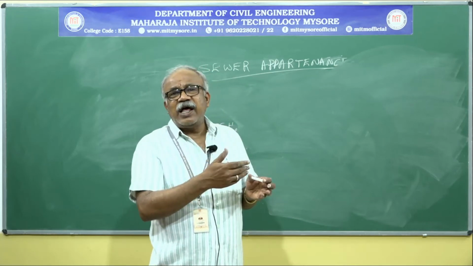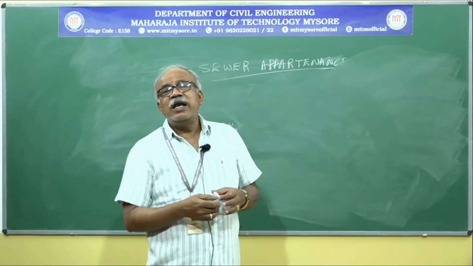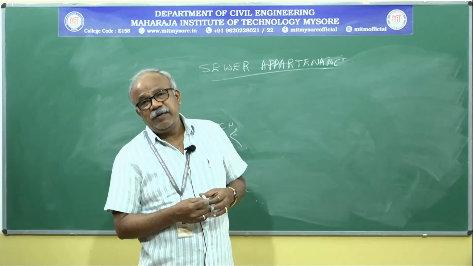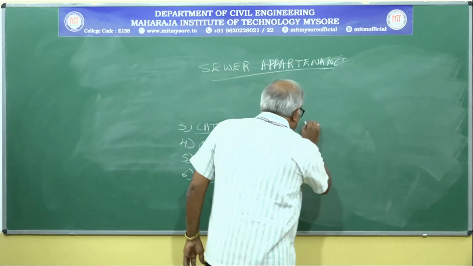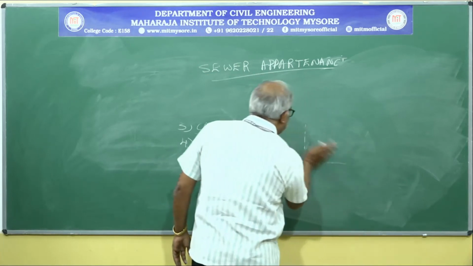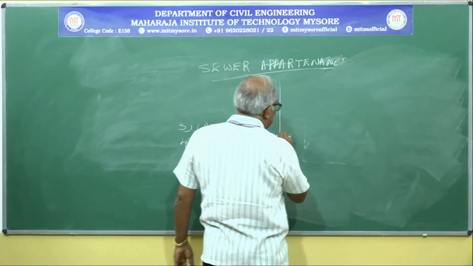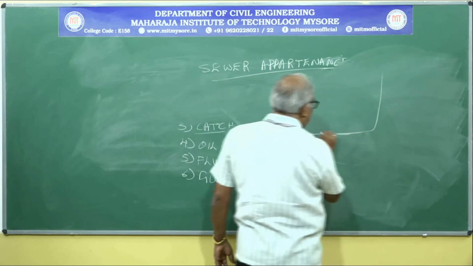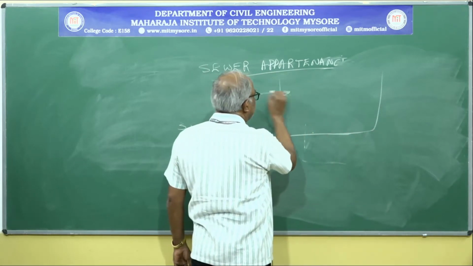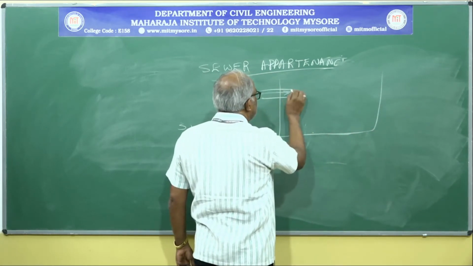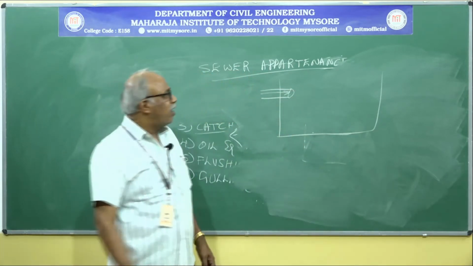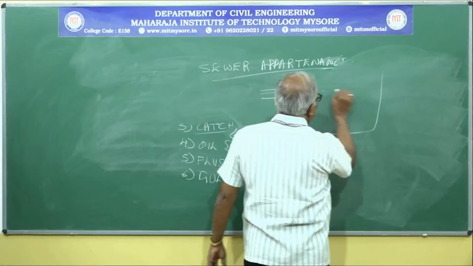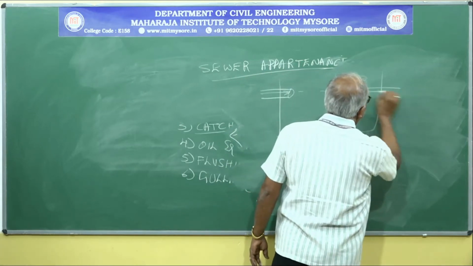Immediately after the neutralization tank, an oil and grease trap is provided to collect the fatty materials. The oil and grease trap, simply, we call it scum.